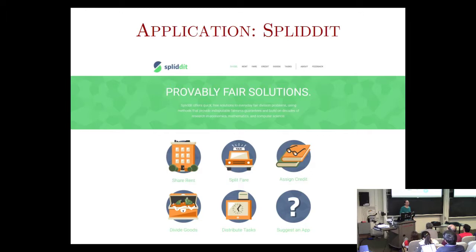Rent division is based on linear programming. So basically the algorithm solves multiple linear programs and is based very heavily on that. Tasks is also completely based on integer programming. And the other 2 applications are not linear or integer programming. But the point is, 3 of the 5 applications rely very heavily on the kind of approaches and techniques that we talked about in the last 2 lectures.